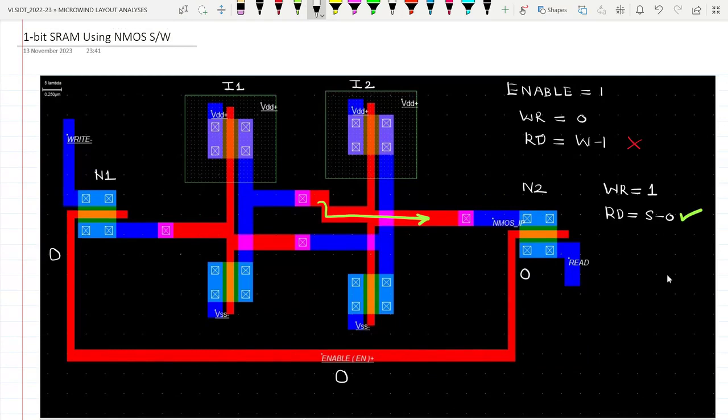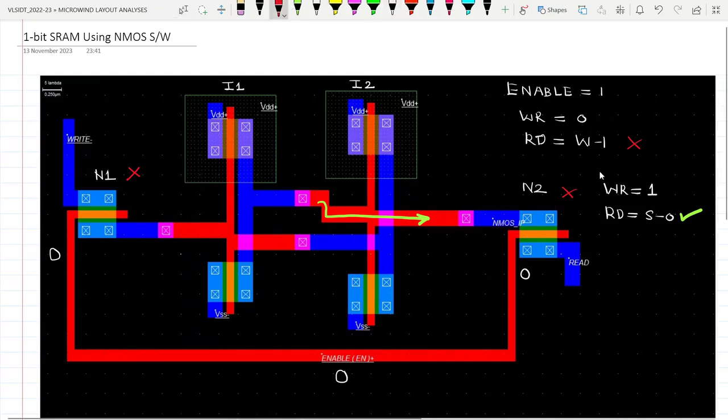NMOS being an active high device with gate at logic 0, N1 is off and N2 is also off. That means the logic written on the write line will not reach the cross coupled inverters I1 and I2. So irrespective of the value of write, whether it is 0 or 1, the write line remains disconnected from the read line, even though a CMOS inverter is an always on system.